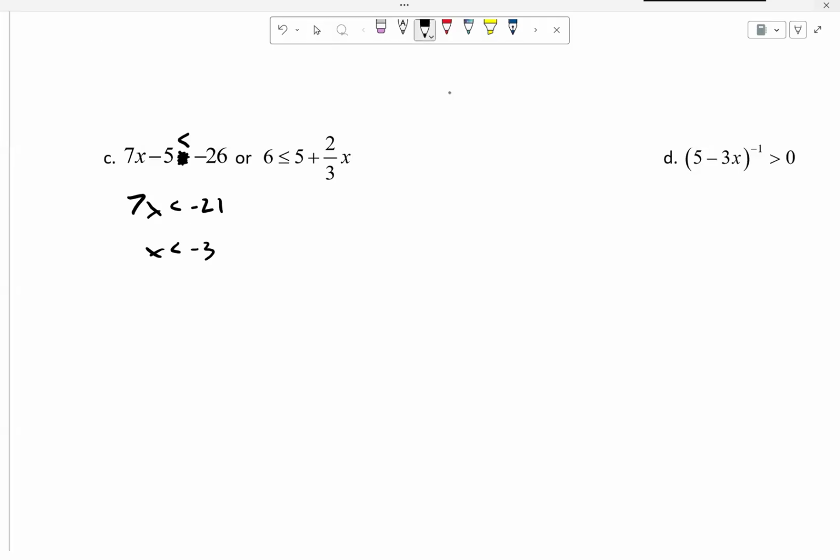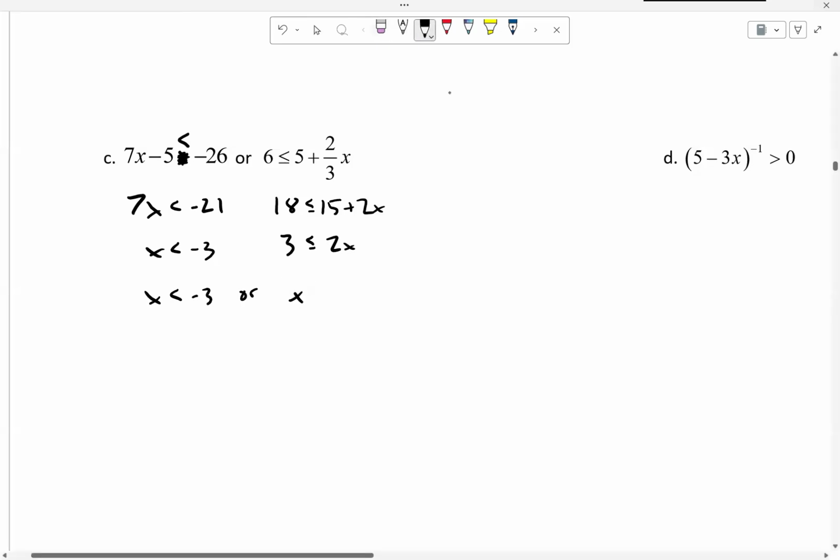Multiply that second one by 3. You don't have to, but I highly recommend it. Did I get these right?